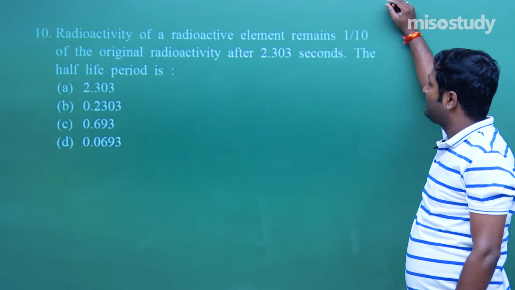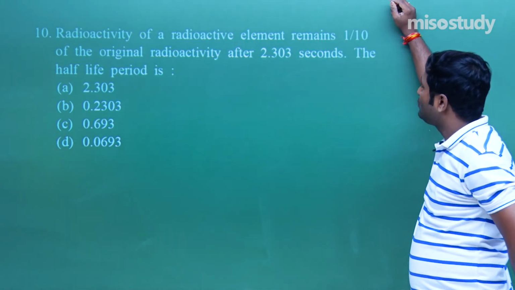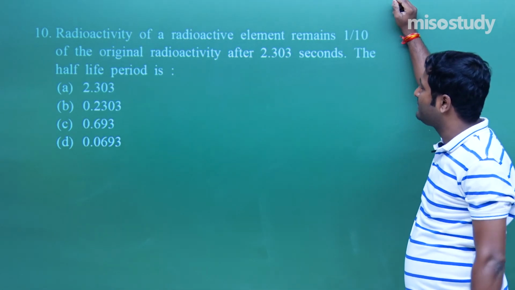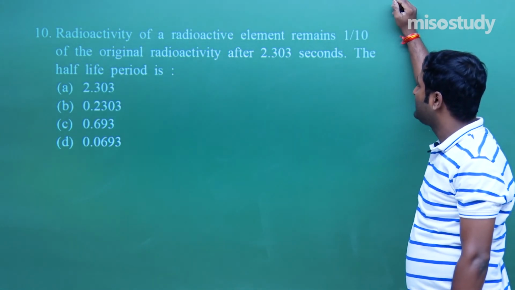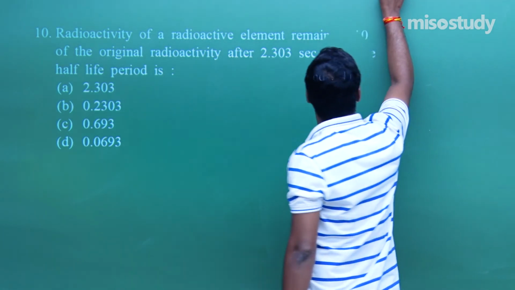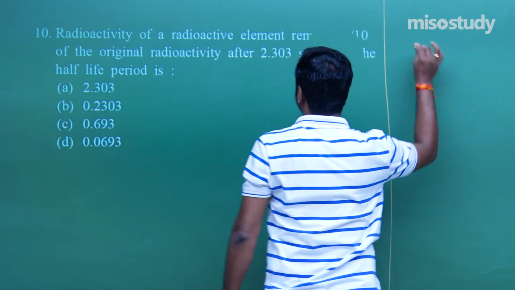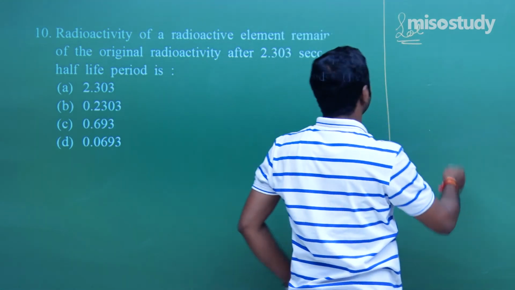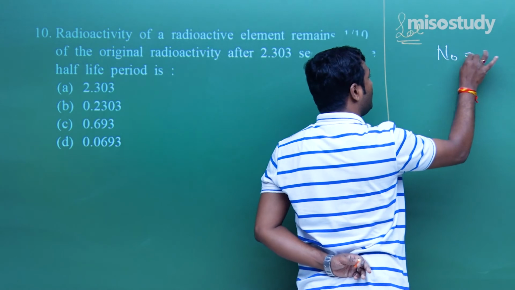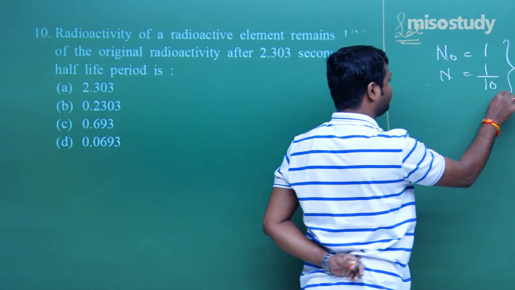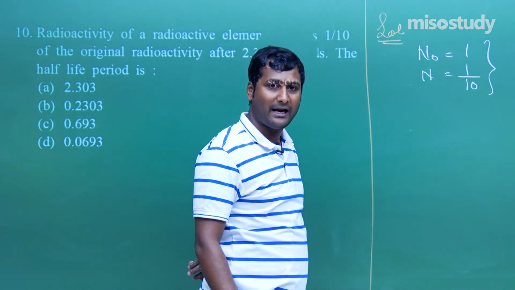The radioactivity of a radioactive element remains 1/10 of its original radioactivity after 2.303 seconds. The half-life period we have to find. It is given N naught is equal to 1 and N is equal to 1/10 according to the question. Am I right, my friend?